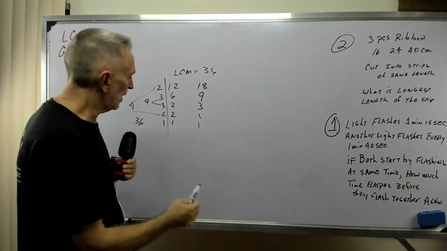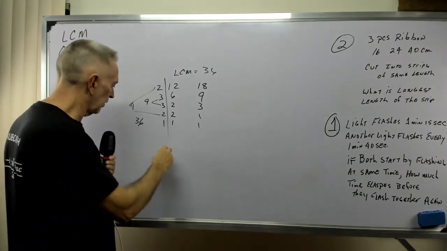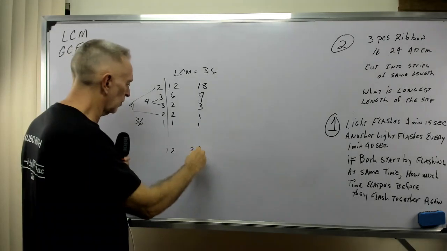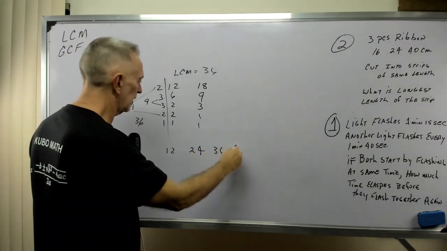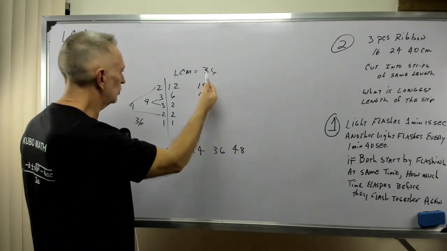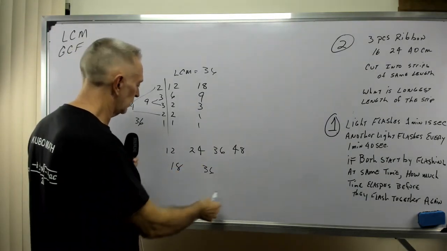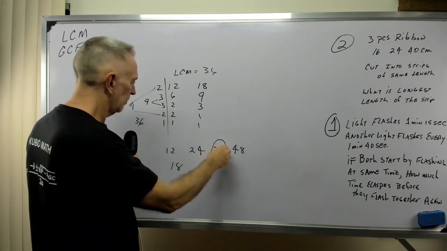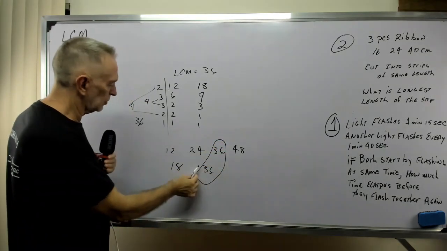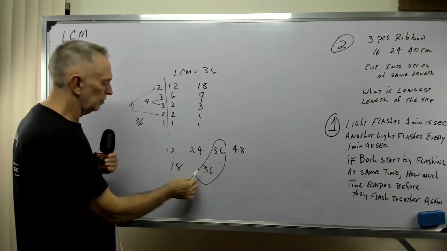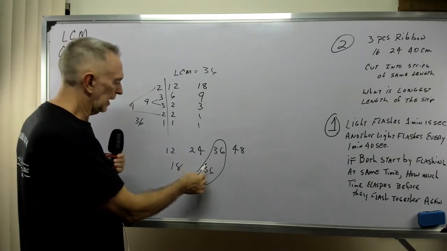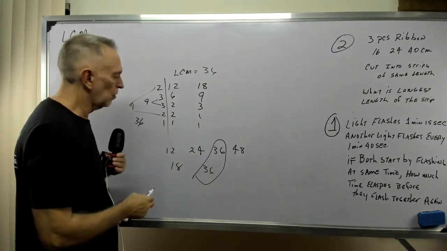So if you think about that, the multiples of 12: 24, 36, 48. Multiples of 18: 36, whatever the next one is. So you can see the least one here would be 36, which is what we equated to.